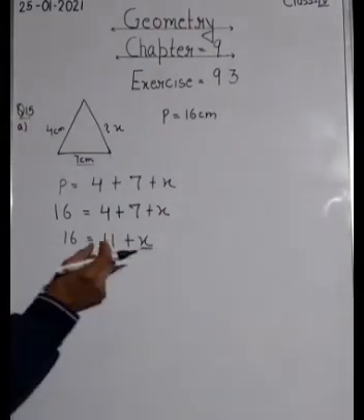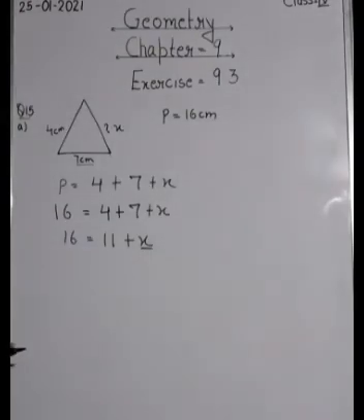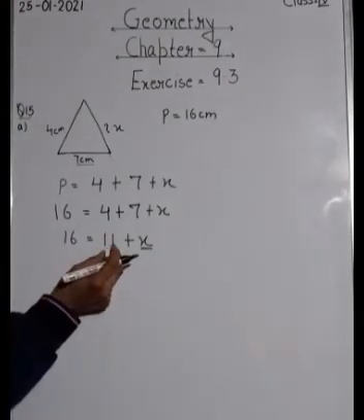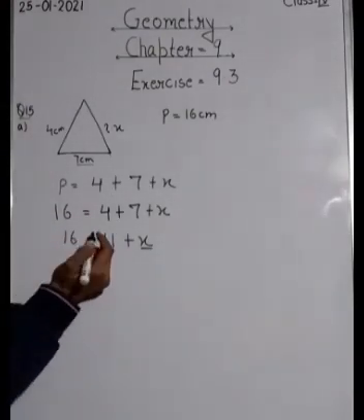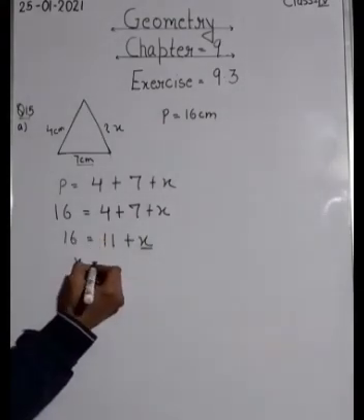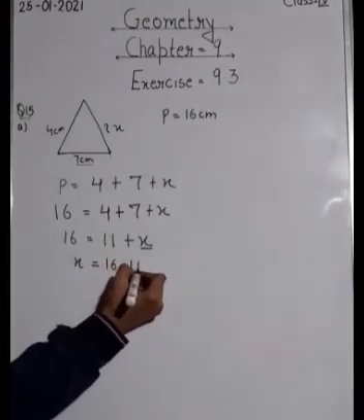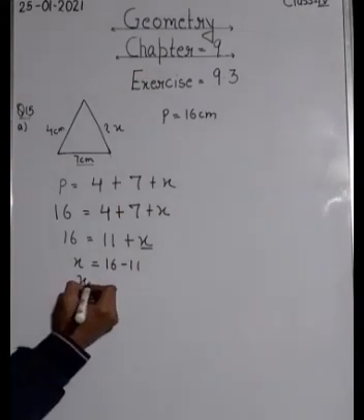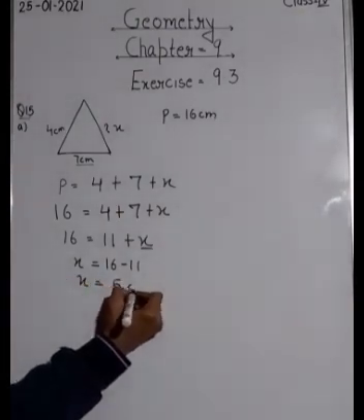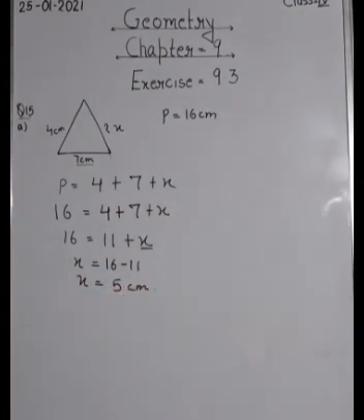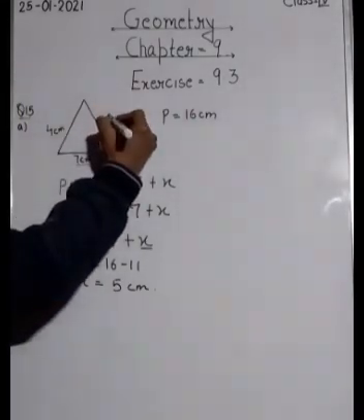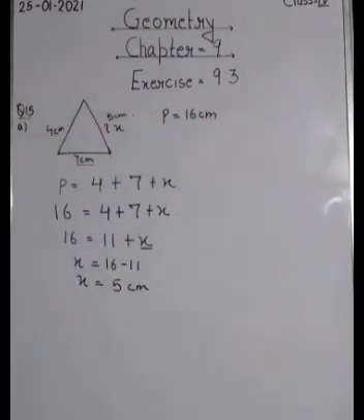So keep this x over here and take this 11 to the other side of equals to. When you take this 11 to the other side of equals to, it becomes negative, or you can write x is equals to 16 minus 11. Okay, so x is equals to 5 centimeter. It means the other side is your 5 centimeter.